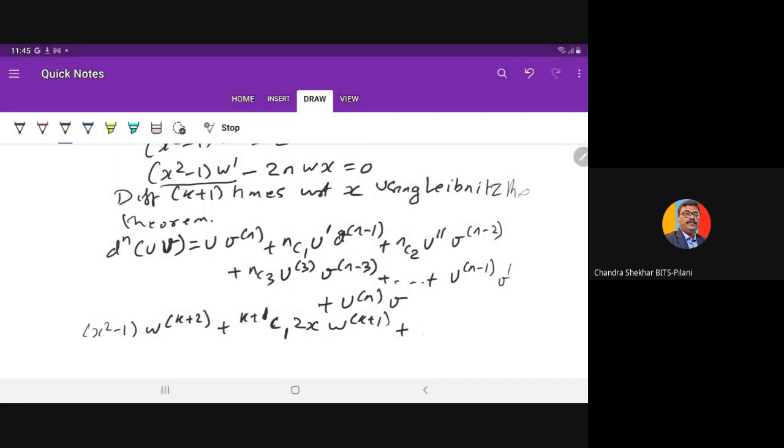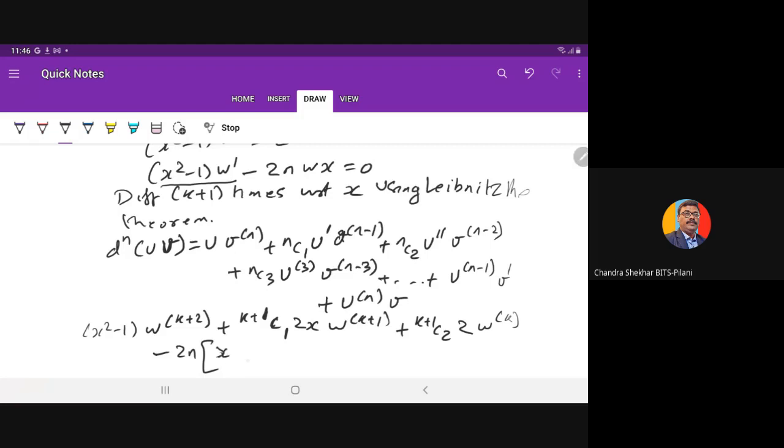Plus k plus 1 C2, the second derivative of x square minus 1, that is 2, and the kth derivative of w, or you can say the k minus 1th derivative of w dash, minus 2n.